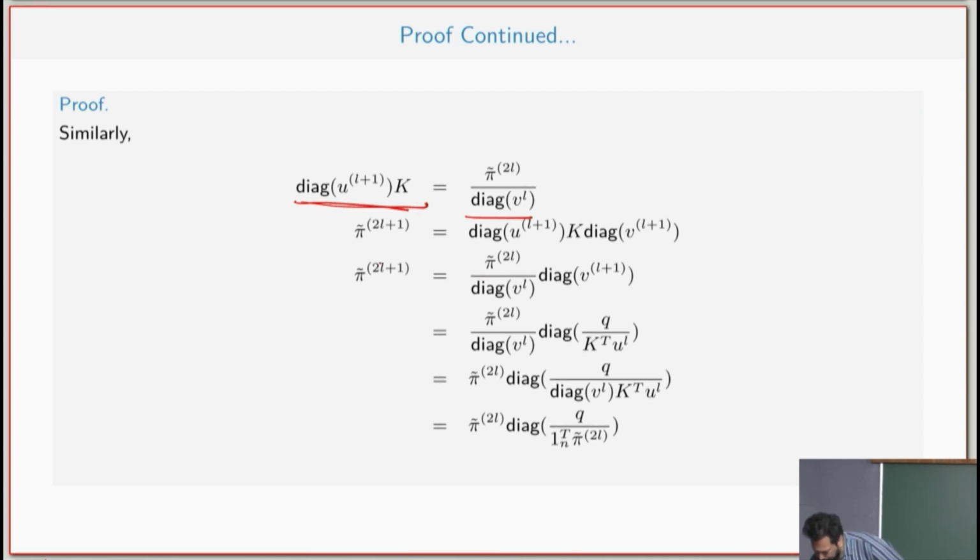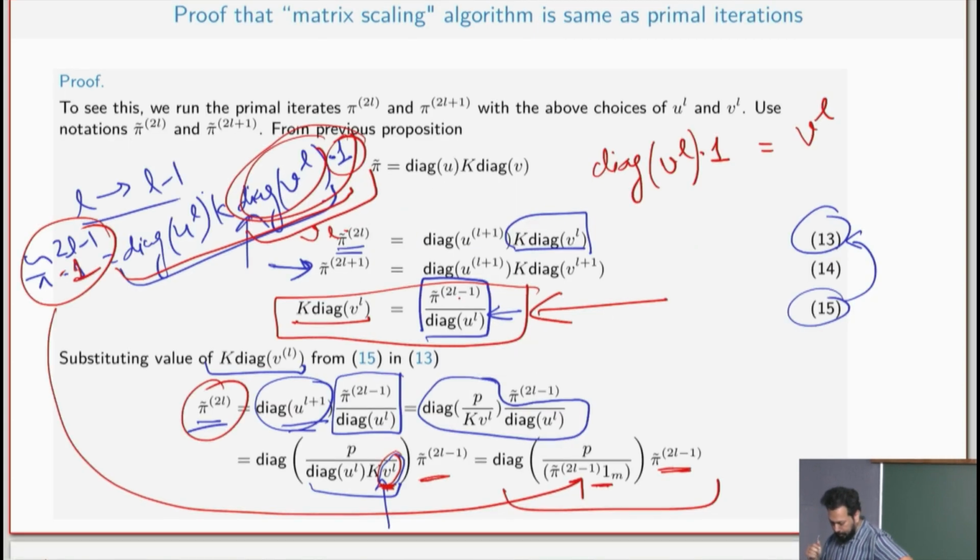So these are the things we know, that pi tilde 2l plus 1 is indeed of this form. The way we define these iterates, ul plus 1, is done with the scaling of k, and that gives us this, similar to what we were doing here.